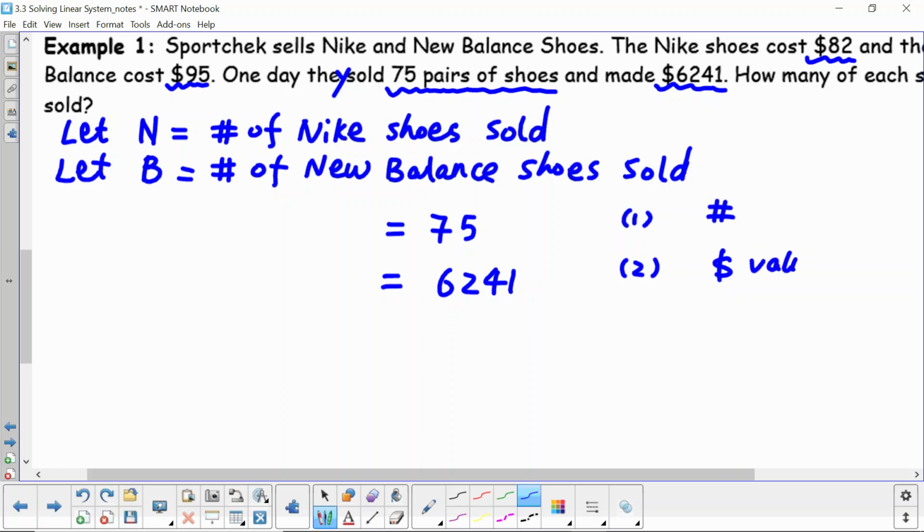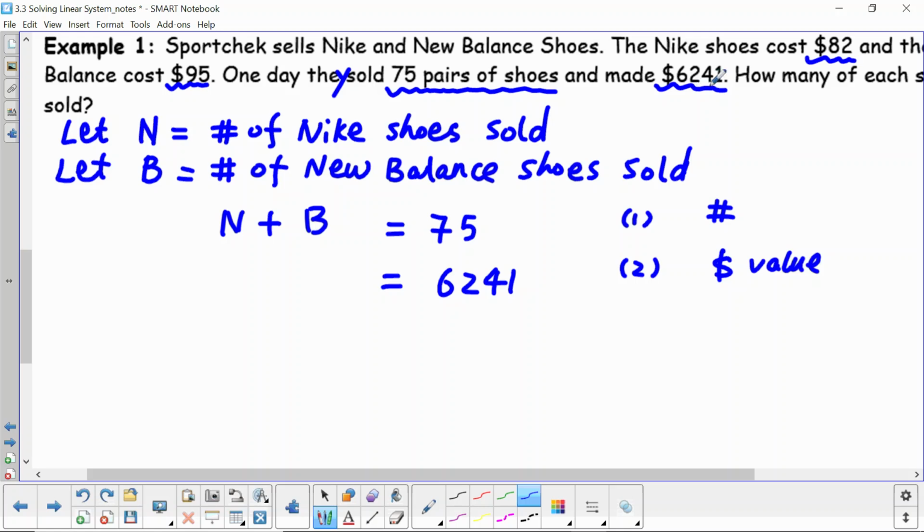Okay, this is number of shoes, this is value of the shoes. And you have N Nike shoes, B New Balance shoes, and altogether 75 shoes. So it's N plus B. They are not involving any dollars. So it just gives you the number of shoes.